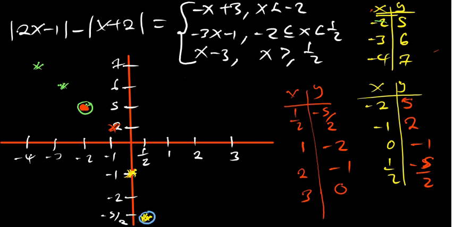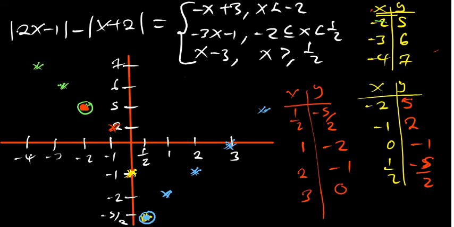It's just a connection. Then 1 in x, then 2. It is at this point. Exactly. Then 2 in x, -1. It is at this point. Then 3, 0. It is at this point. So we can see that it's going to be going like that. So my graph is going to be like this.